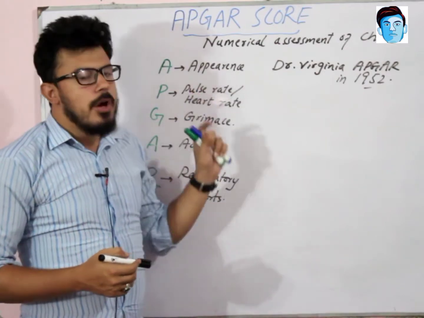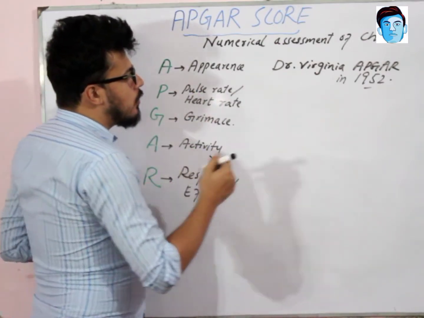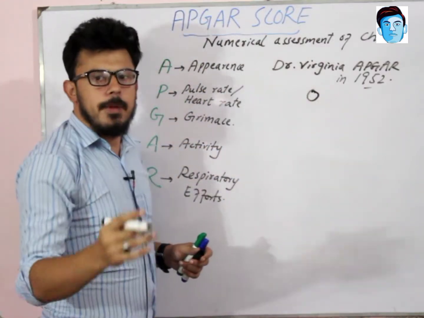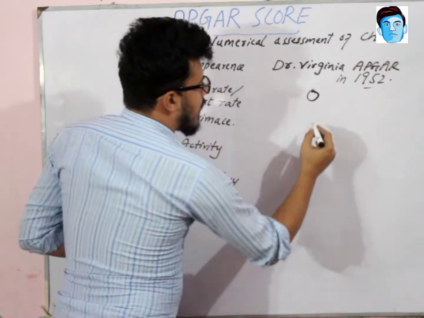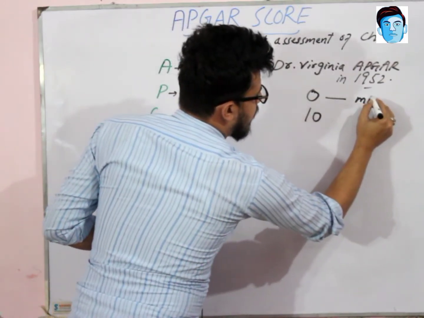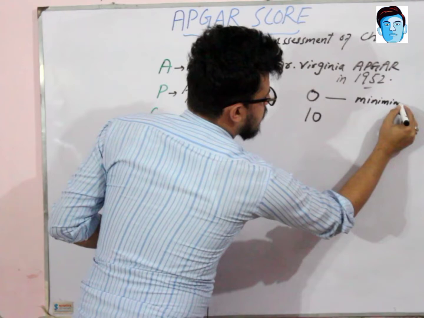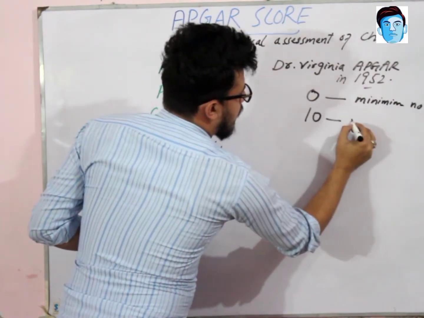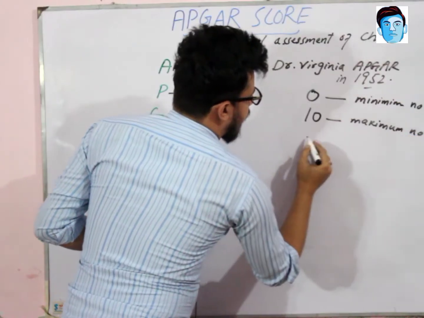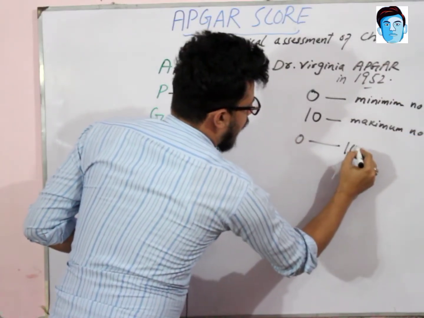In the APGAR scoring the minimum number is 0 while the maximum number is 10. So 0 is the minimum value, while 10 is the maximum number. So here it will be in a range of 0 to 10.